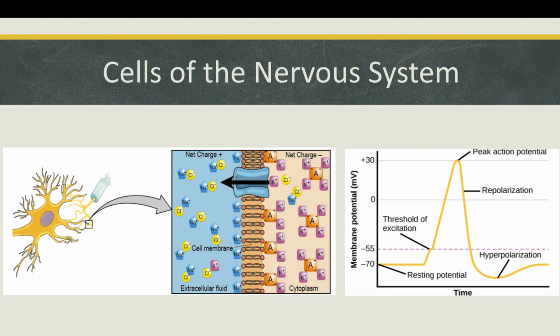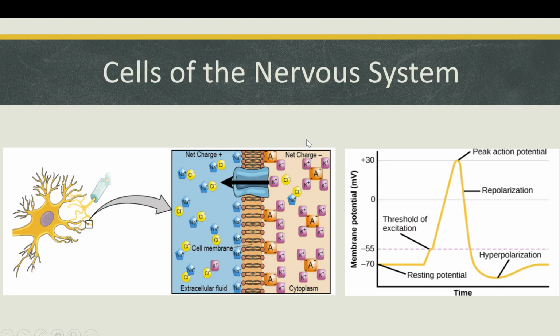But in order to send a message from the neurotransmitters that bind to receptors, the neuron needs more sodium ions inside and needs to release those potassium ions outside of the cell membrane. And once this occurs, the neuron is then in the threshold of excitation and is ready to send the message from the axon to the neuron.